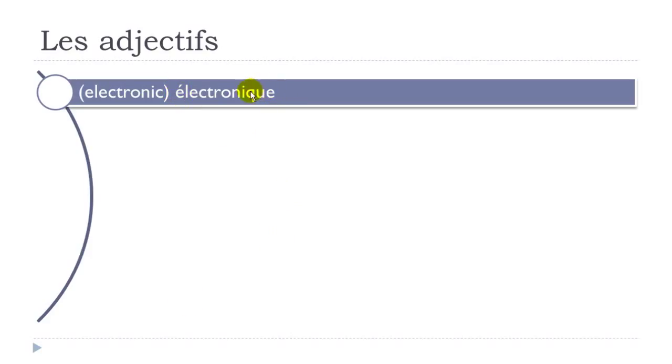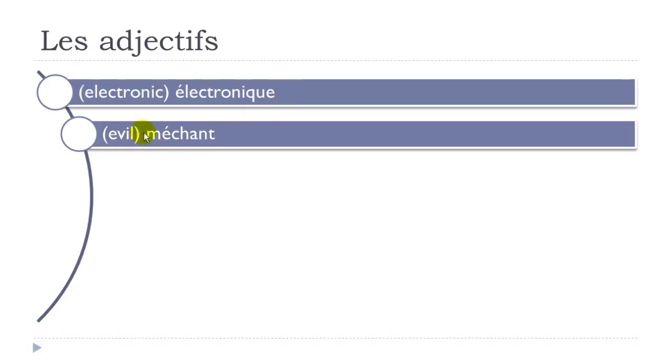Okay, so as we saw previously, Q-U-E at the end, K. Okay, électronique. Méchant. Final T not pronounced. C-H together, sh. Méchant.